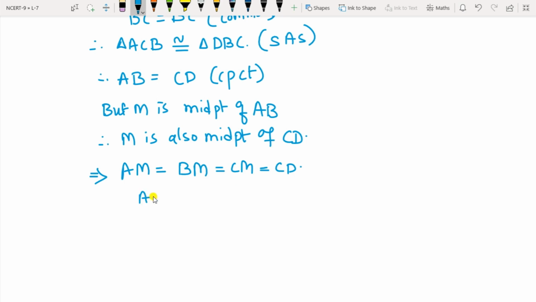Now, since AB equal to CD, for CD we can split it into CM plus DM. But in place of DM, we can write CM, because CM equal to DM.